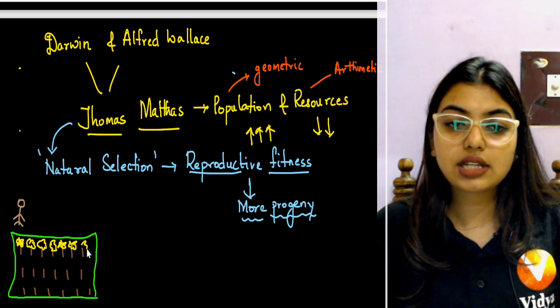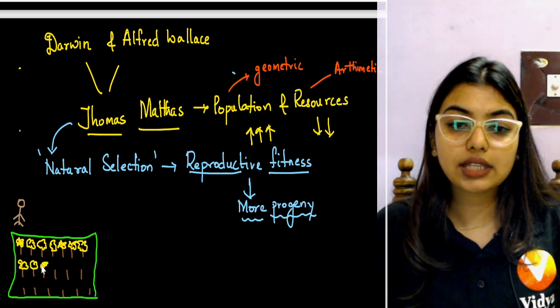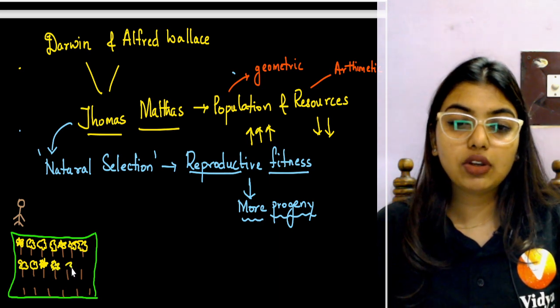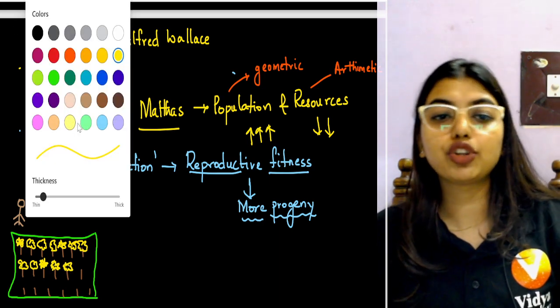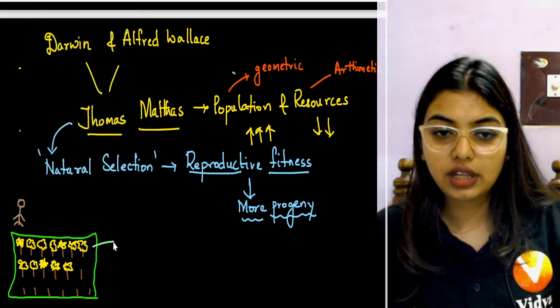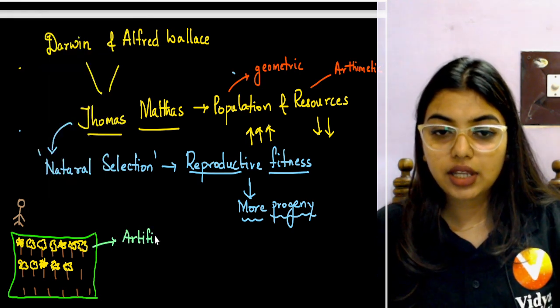Why will you suddenly start growing sunflower? Because you notice that this is the requirement of the time. Yes or no? Because of the requirement, you started growing sunflowers instead of what you were growing before. So you did artificial selection. Yes or no?